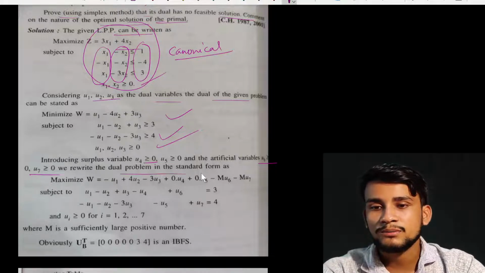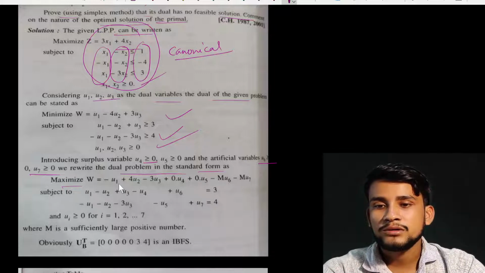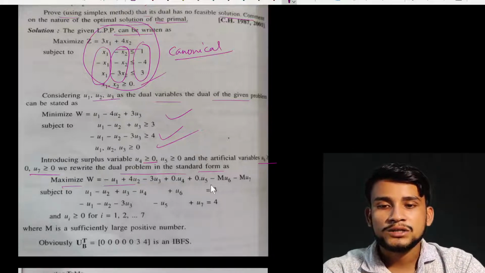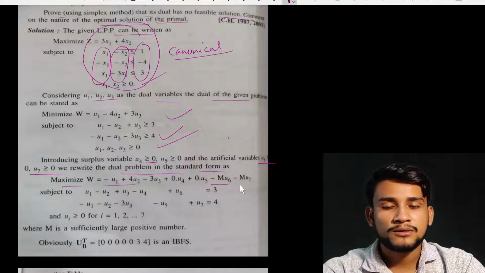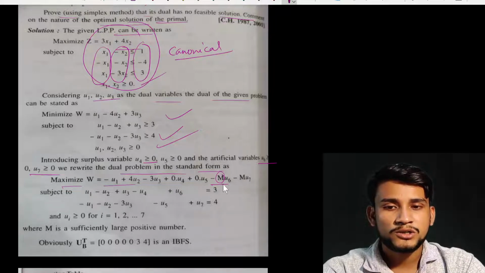We write the dual in standard form: maximize w equal to this, and we take the cost of the artificial variables as minus M, where M is a big positive number, so the cost corresponding to the artificial variables is a big negative number.